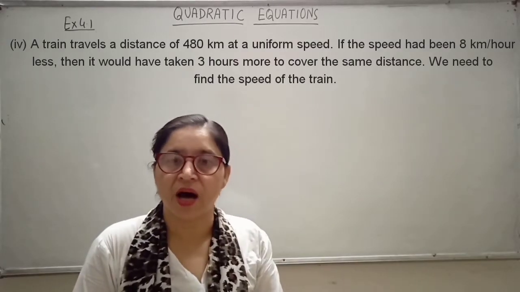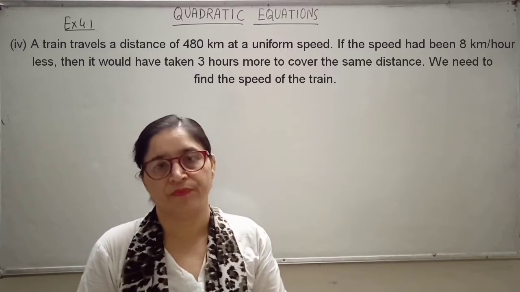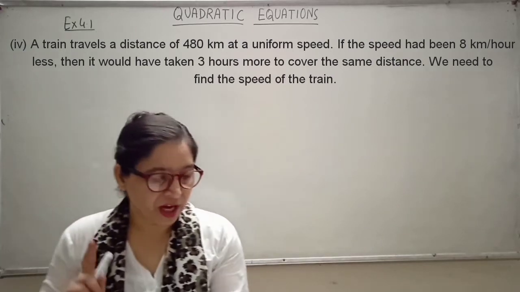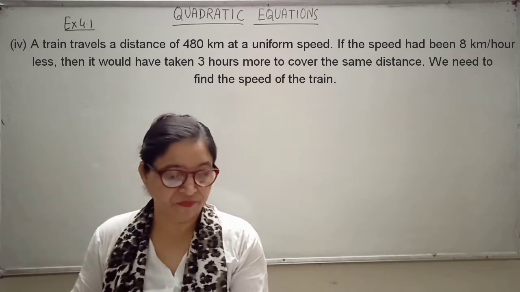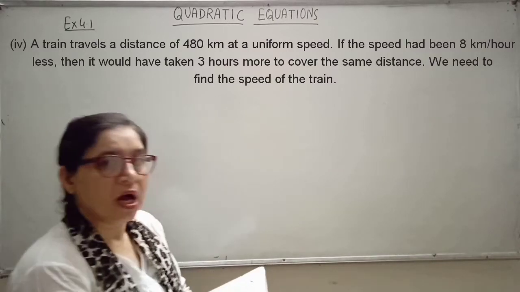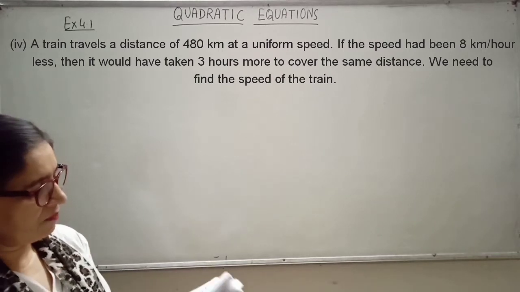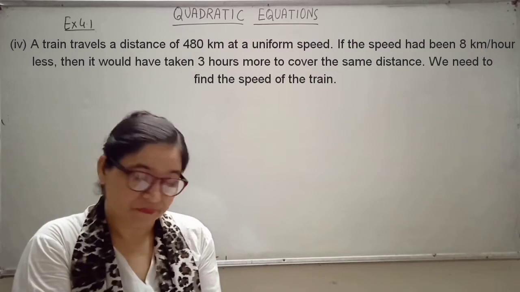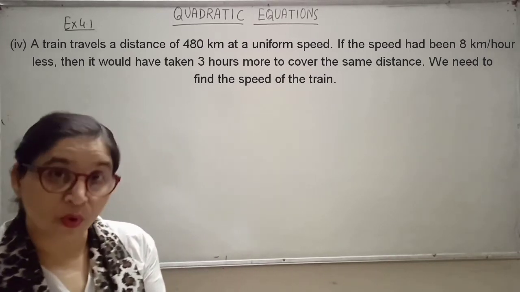So let us do last question of this exercise, that is the fourth part of question number 2. Listen to this question carefully. What is given? A train travels a distance of 480 km at a uniform speed. Okay? And if the speed had been 8 km per hour less, then it would have taken 3 hours more.